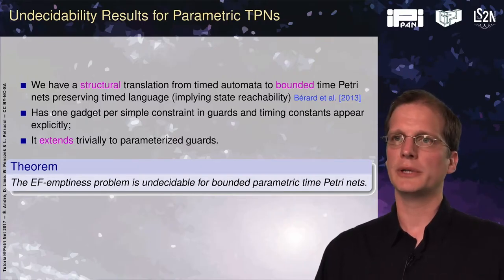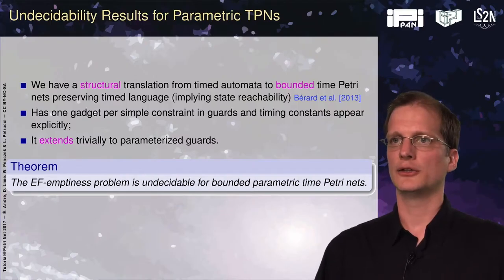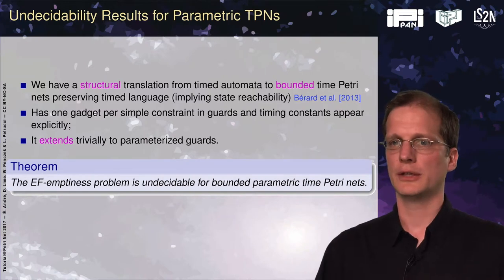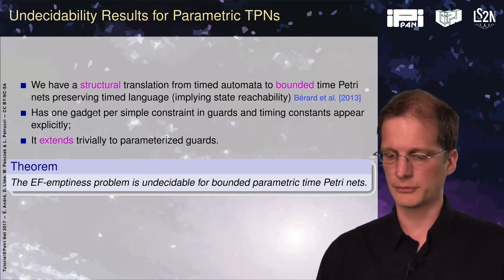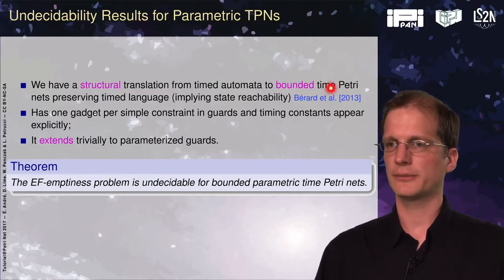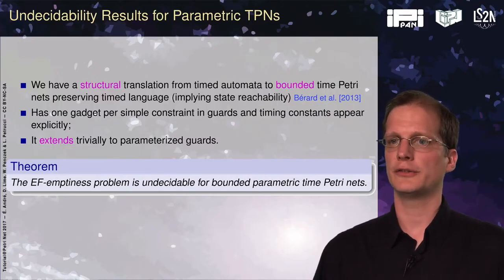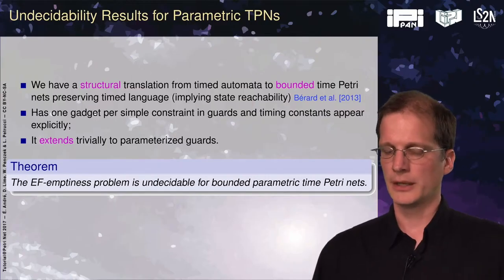And we can actually relate to the results of parametric timed automata to get some decidability results for bounded time Petri nets. So first we have a structural translation from timed automata to bounded time Petri nets. And this translation preserves languages, time languages, which implies that it preserves state reachability.